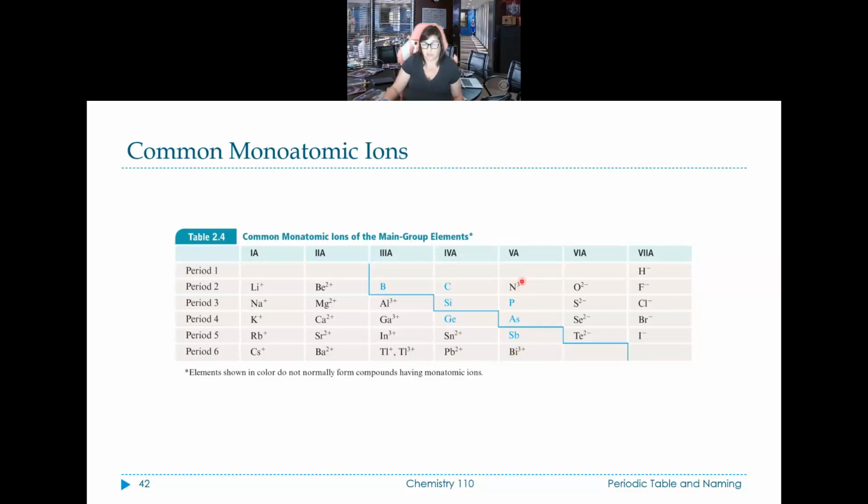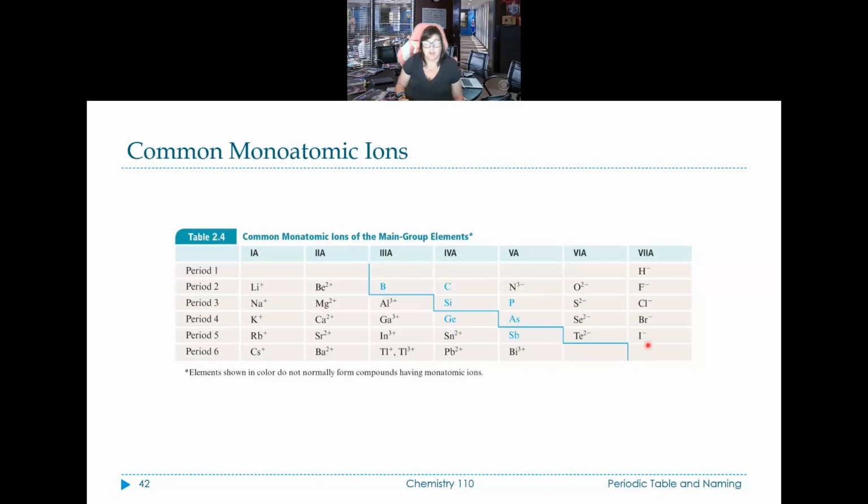Since this one is so much higher, it's going to gain, and this one's going to lose. This one's still metallic, this one is not. My chalcogens, we're going to gain 2 electrons. My halogens, I'm going to gain 1 electron. So these are the charges we typically see in monoatomic ions.